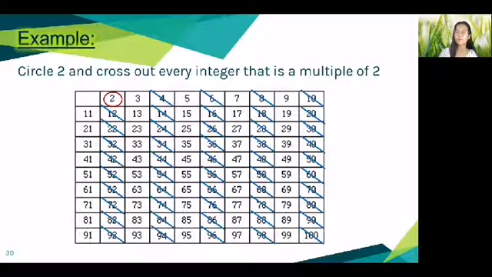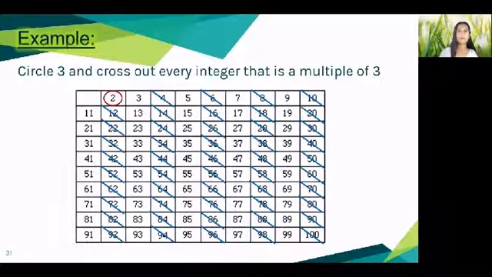Then the next step is to look for the next number that is greater than 2 and has not been crossed out, and that number is 3. Circle number 3 and cross out every integer that is a multiple of 3.